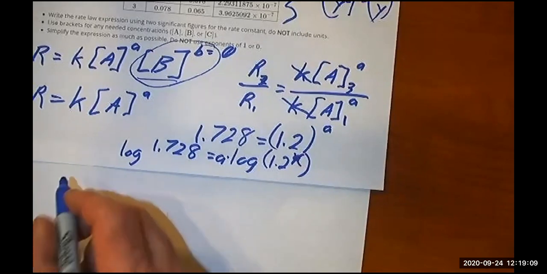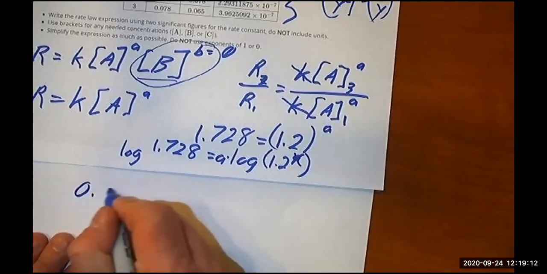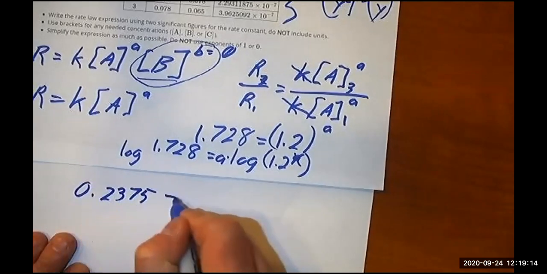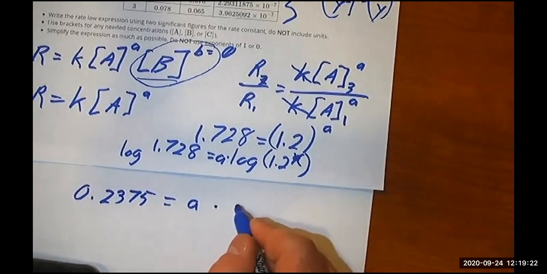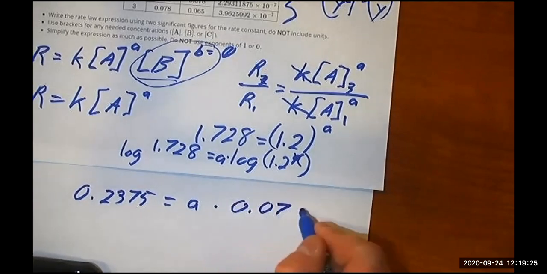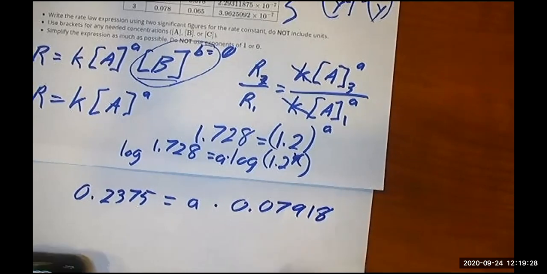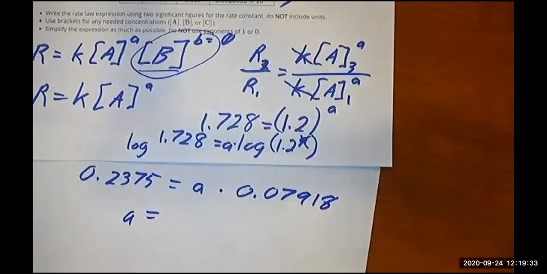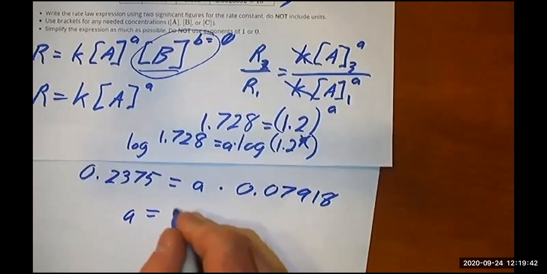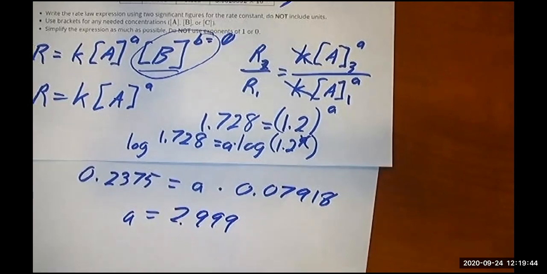It doesn't matter which log we use, as long as we do the same thing on both sides. 0.2375 equals A times the log of 1.2. Log base 10 of that gives us 0.07918. So then A has to be 0.2375 divided by 0.07918, and we get 2.999, which is extremely close to 3.